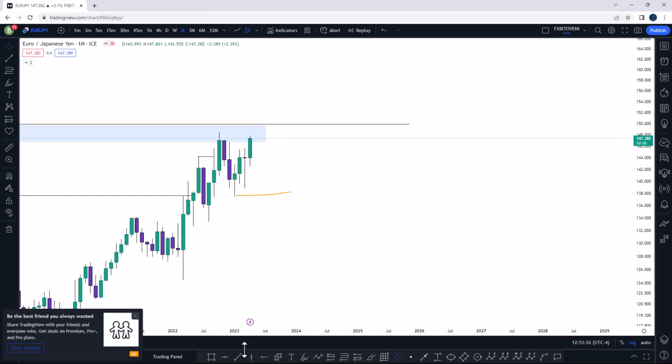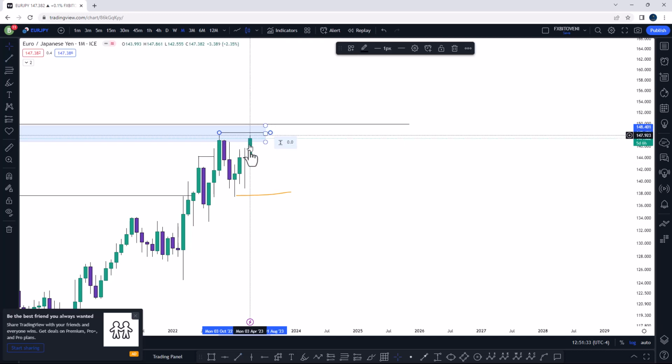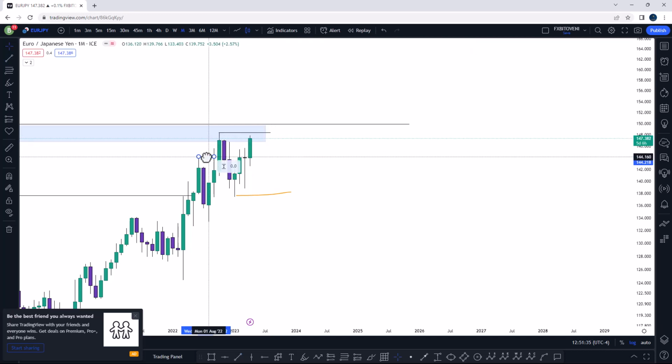Our next target is going to be this high. We are still in a monthly candle, so we want to achieve that target, to take out that high. That is the mission. After taking that high, we will keep monitoring the price.